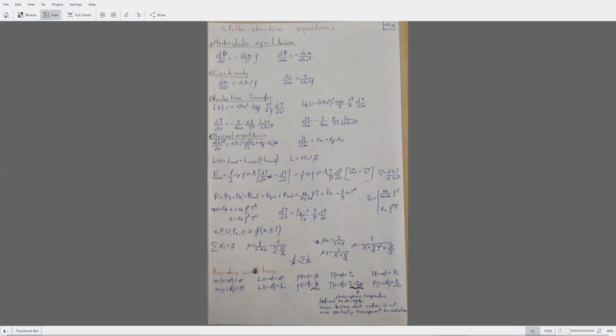We have some boundary conditions, some obvious: the mass and the luminosity at the center must be 0. Then we have central density, central temperature, central pressure. At the surface, the mass must be the total mass and the luminosity we observe. For density, temperature, and pressure it can be the actual value or just 0, depending on how we want to simplify the system.